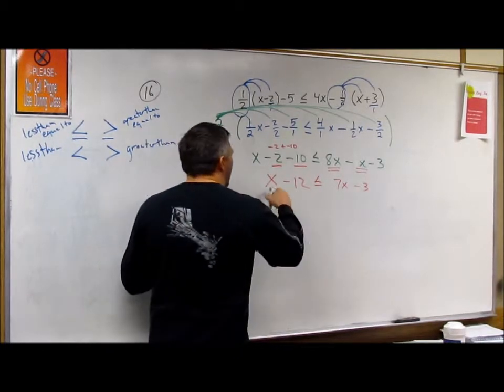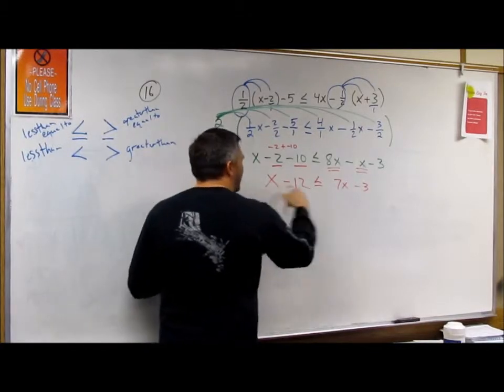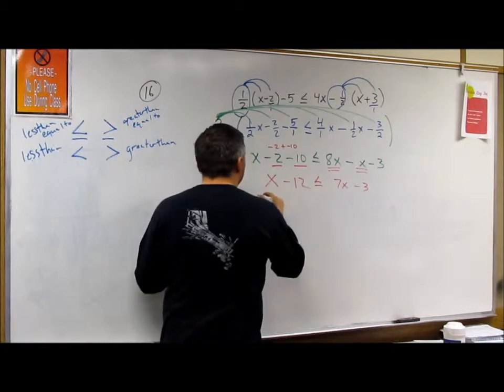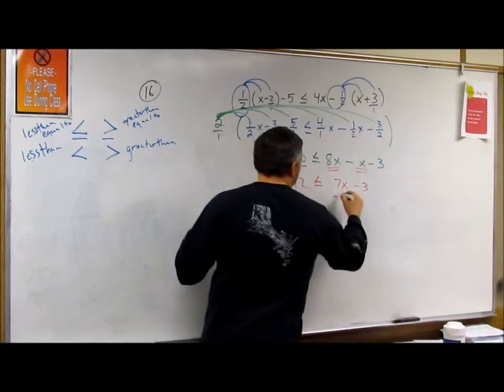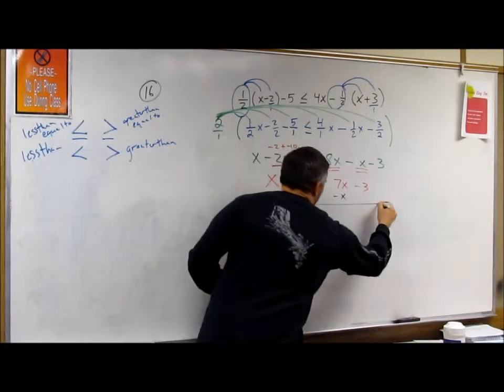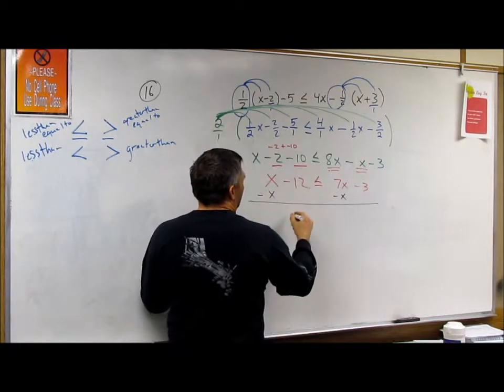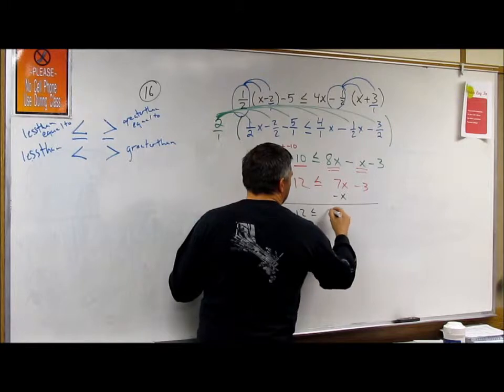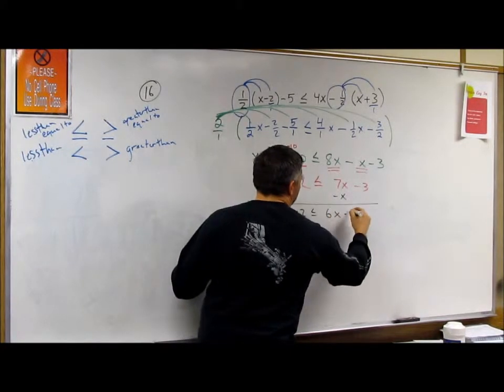Okay, so I move this x, because 1 is less than 7, right? So I'm going to move this x, and I'm going to add the opposite to both sides. Okay, so now I have negative 12 is less than or equal to 6x minus 3.